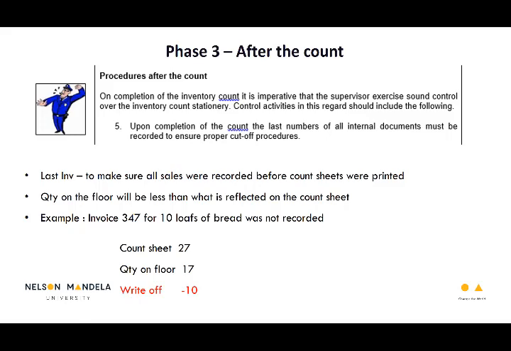We need to take into account that invoice that was not recorded. So our count sheet should technically have only reflected 17, which is the 27 less the 10 loaves of bread which was unrecorded. Now, when we compare that to the quantity on the floor, we'll see that there's no inventory write-off needed.